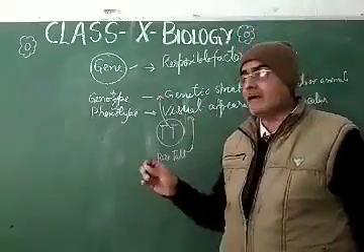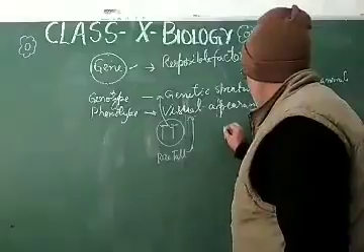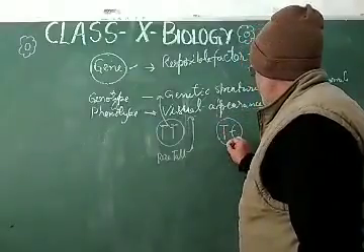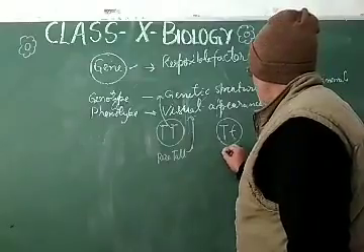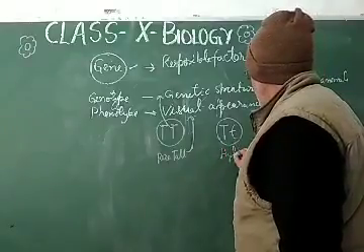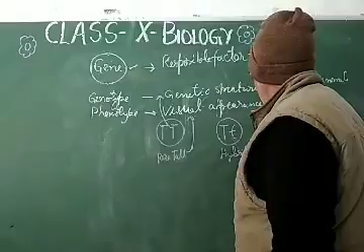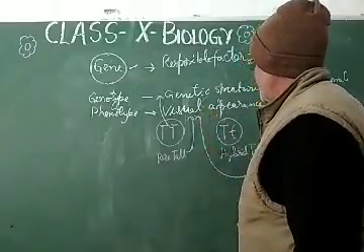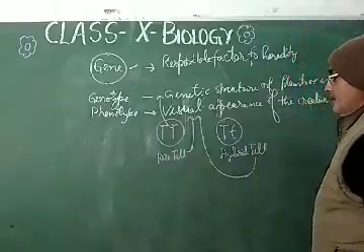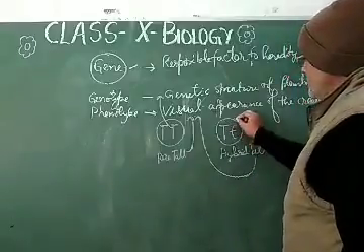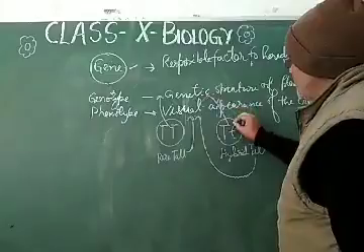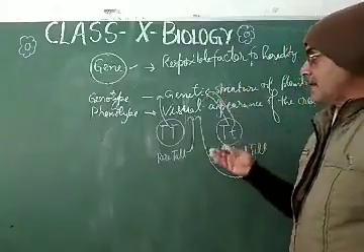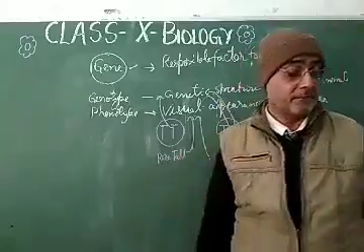While capital T and small t means hybrid. This will be the hybrid tall. Hybrid tall is again tall, and visually it gets expressed, and this is called phenotype, while the genetic structure is hybrid. So you have to understand genotype and phenotype in this way.